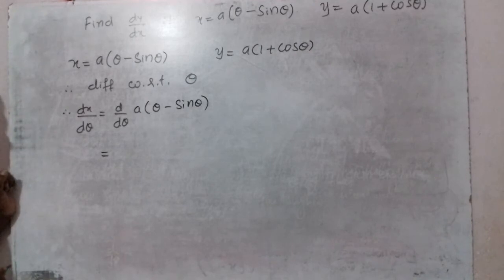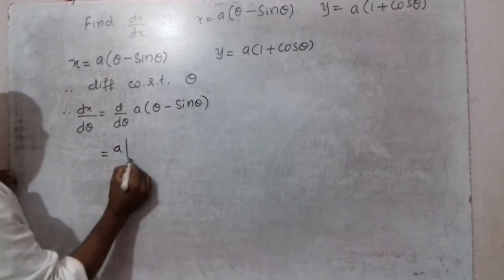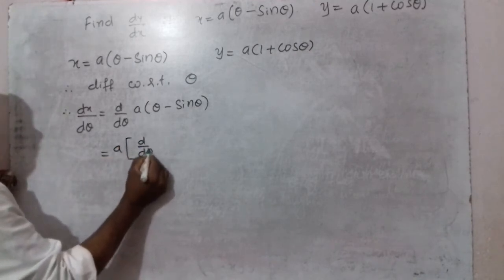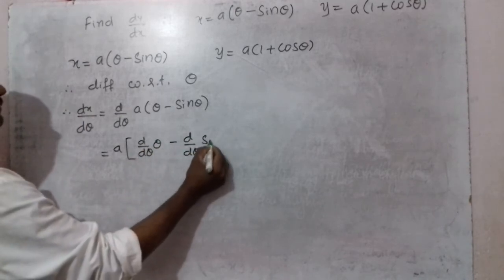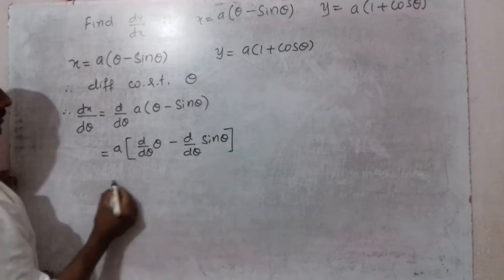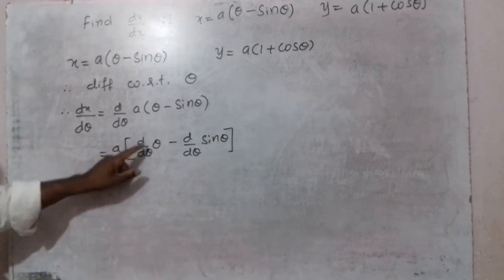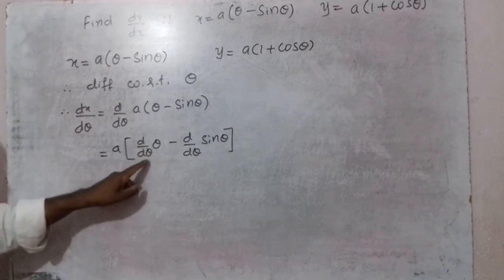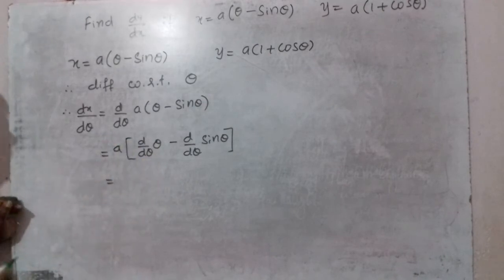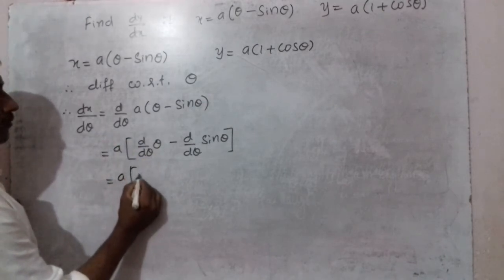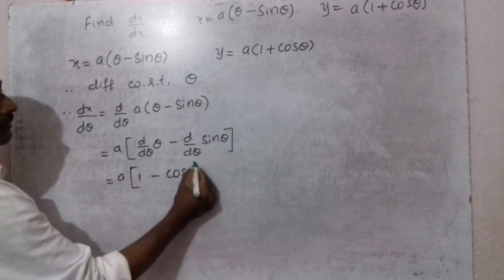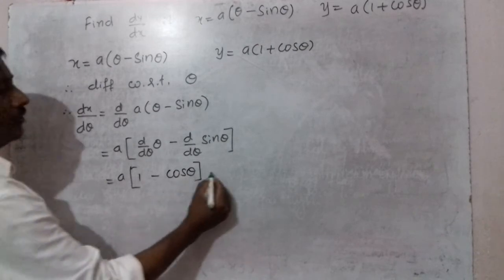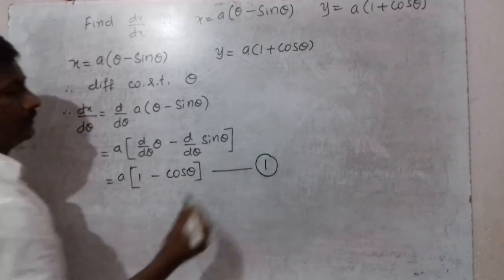This equals a into bracket d by d theta of theta minus d by d theta of sin theta. The derivative of theta with respect to theta is 1. So this is a into bracket 1 minus cos theta. Call this equation 1.